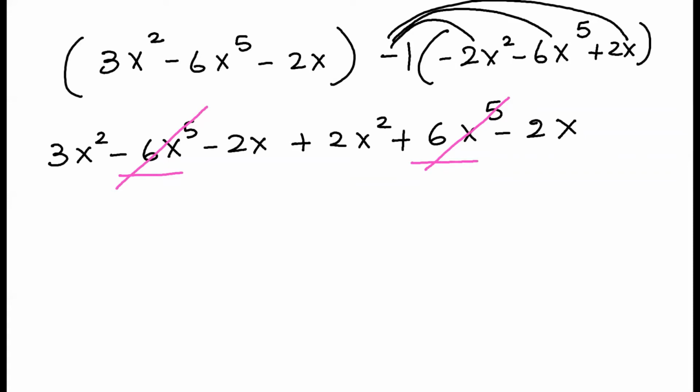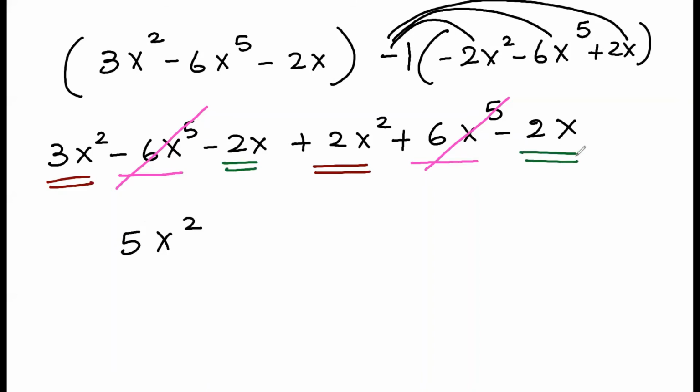The next term is going to be the x squared term, right? So you will notice that there is 3x squared and positive 2x squared. And when we combine those two terms, you will end up with 5x squared. The next terms are going to be -2x and -2x.